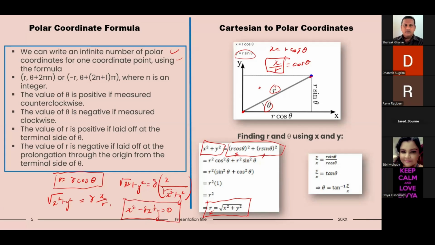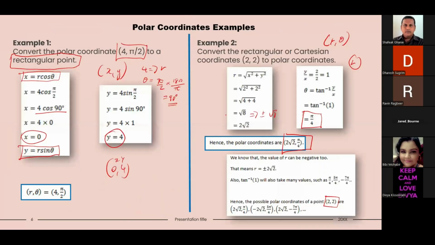So those are questions that can come up in an exam, along with converting simple Cartesian points to polar points, or polar points to Cartesian points. I'm going to hand over to my next colleague who's going to talk about graphs of polar equations. Just before I do that, I want to talk about what graphs of polar equations are.